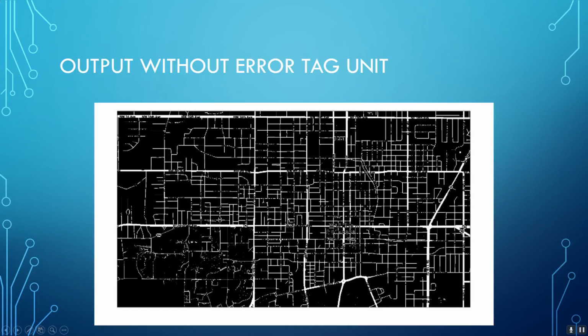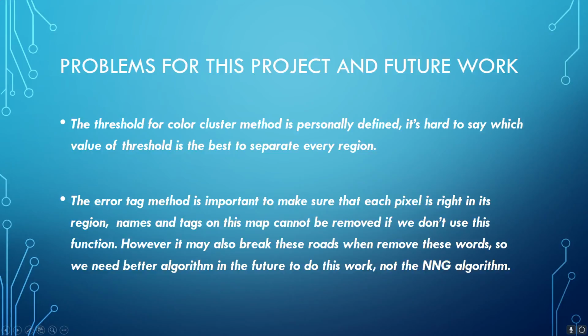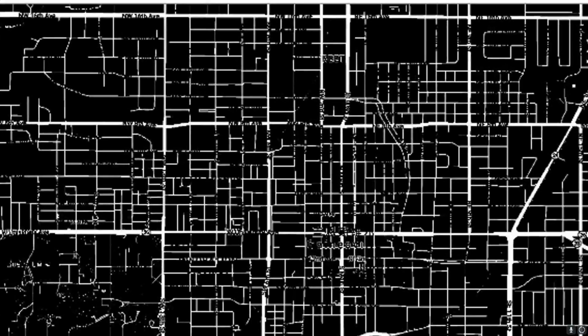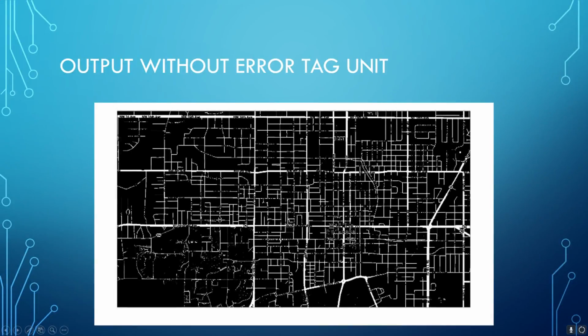What is the meaning? In the final output with the error tag method, we can see there are some broken parts of the roads. And if we do not use the error tag, we can see some names, some words here. It's very annoying. It's hard to choose. If we do not use error tag, we got some names. If we use error tag, we got some broken points. So in the future, I think I need some better algorithm.